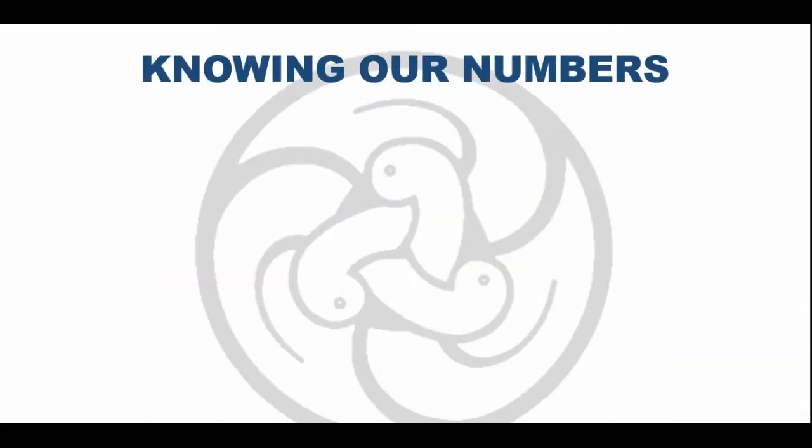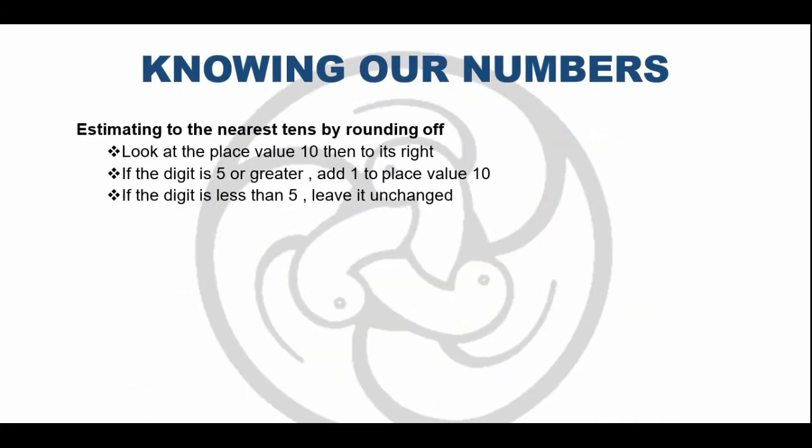Next is estimation to the nearest ten by rounding off. That is, we are rounding off to the 10th position. For example, the number 3,243. What is in the 10th position? It is 4. Look at the right side number. That is 3.